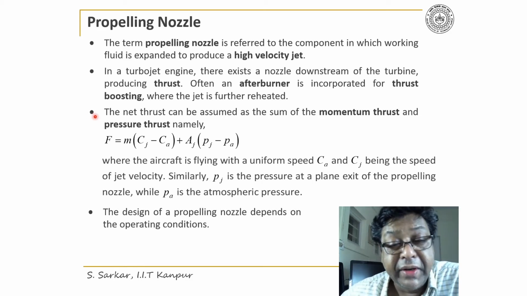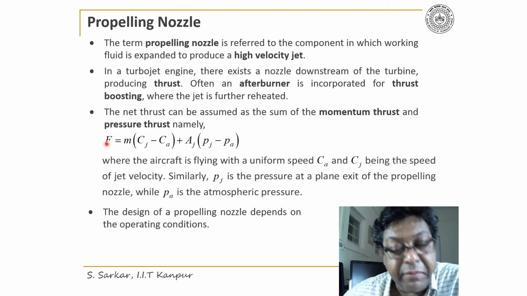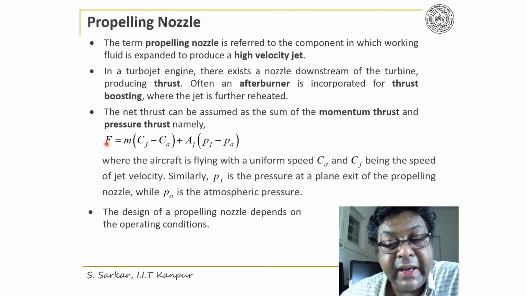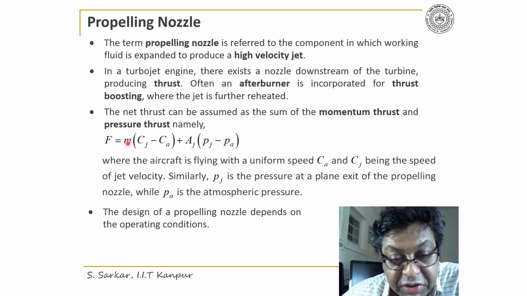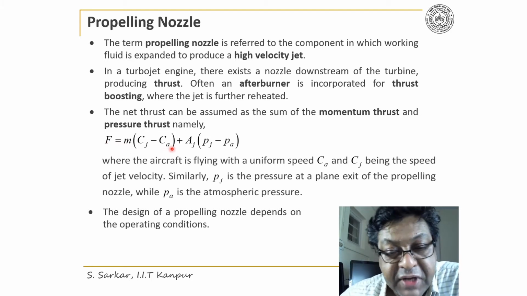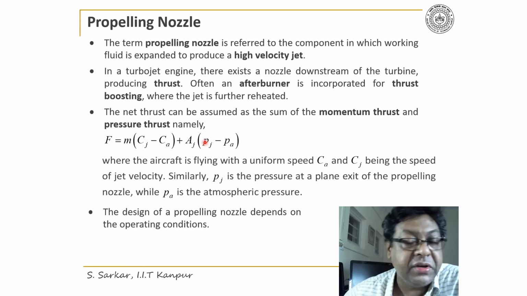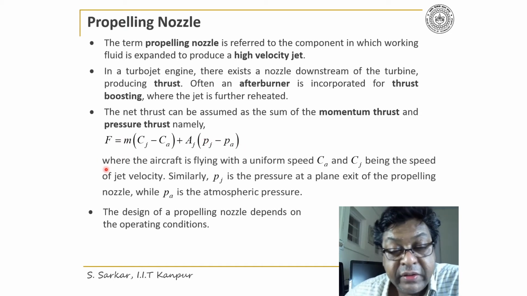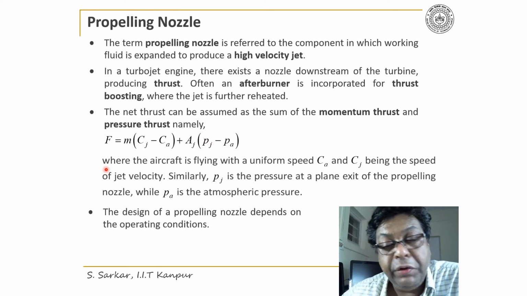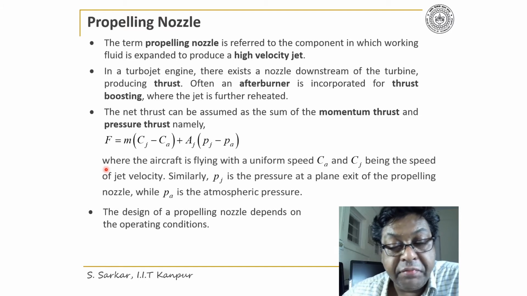Now, the net thrust can be assumed as the sum of momentum thrust and pressure thrust, which can be expressed as F is equal to m into (Cj minus Ca) plus Aj into (Pj minus Pa). The first bracketed term represents the momentum thrust and the latter one is the pressure thrust. Here, the aircraft is flying with a uniform speed Ca and Cj is the jet velocity.